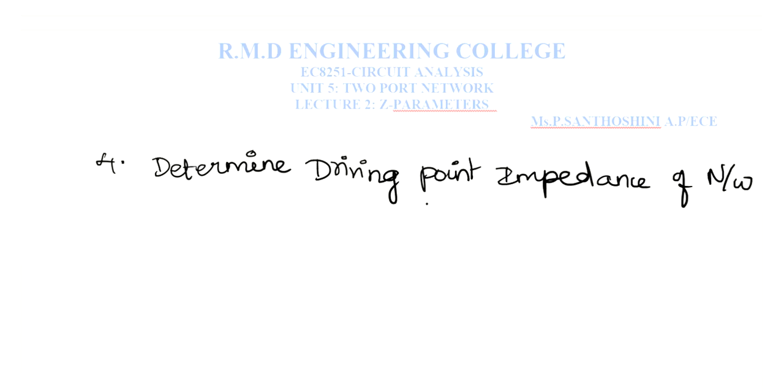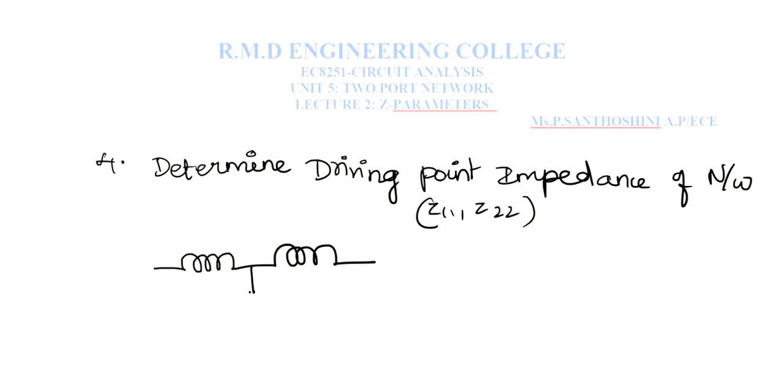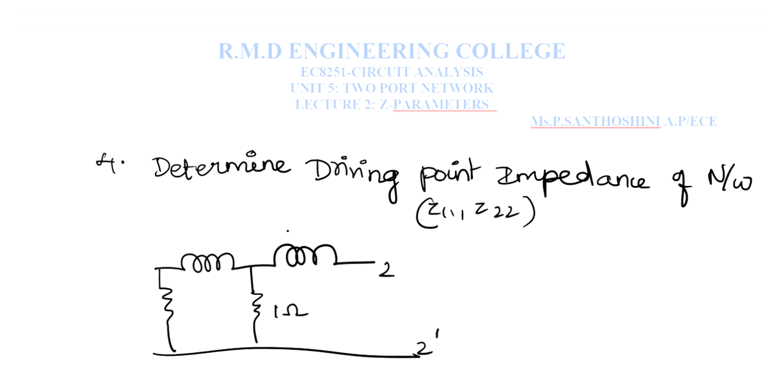Z1 and Z2, that is Z. No need to find all the four parameters. The network will be 2 dash, 1 ohm. This is 2 Henry and this is 2 Henry, 1 ohm, 1 dash.